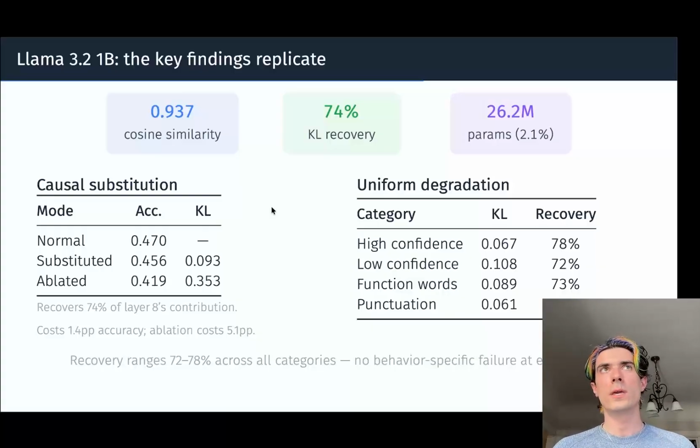So it's not like when you substitute it, there's one category of data that gets worse. It just gets worse across the board. And this makes sense because ultimately what we're doing is modeling the layer as a whole and learning empirically what matters the most for that transformation that layer entails.